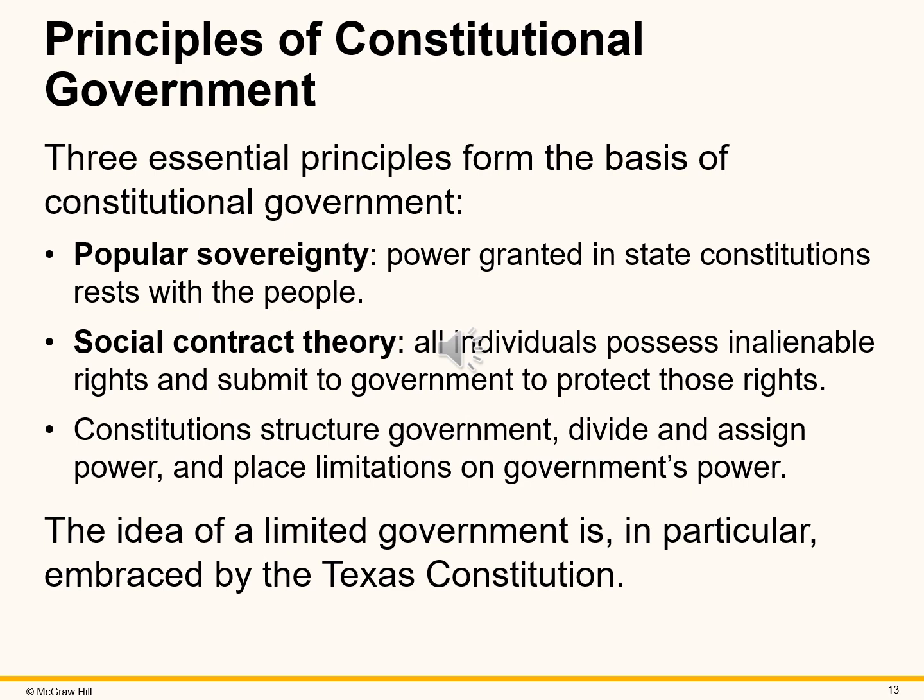Social contract theory. This is where all individuals possess inalienable rights and submit to government to protect those rights. 3. Constitutions structure government. They divide and assign power and place limitations on government's power. The idea of a limited government is, in particular, embraced by the Constitution.